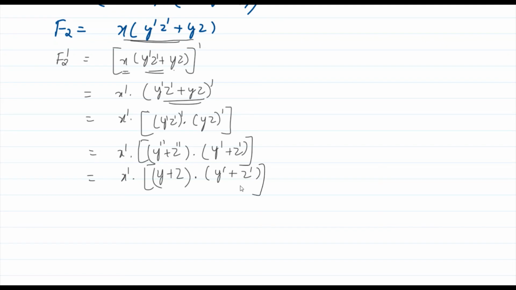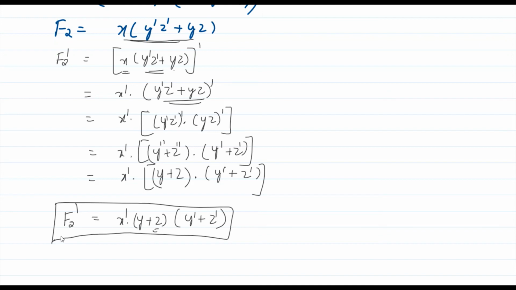This is how we have to simplify the given function. So I can write this as x prime dot y plus z, this is not 2, this is z. Okay, y prime plus z prime, this is the complement of the given function, that is f2 prime equals this one.